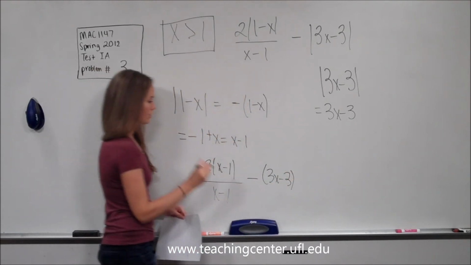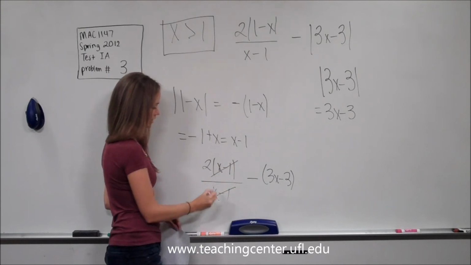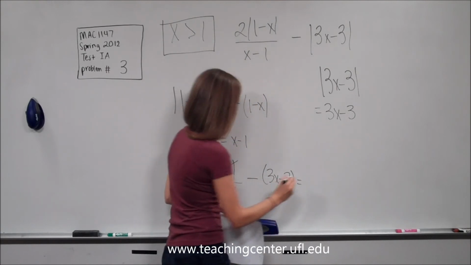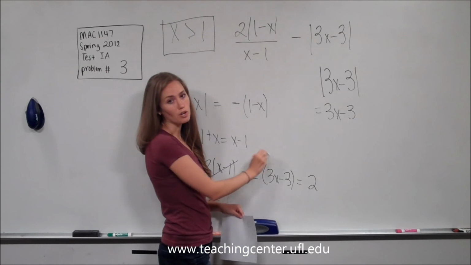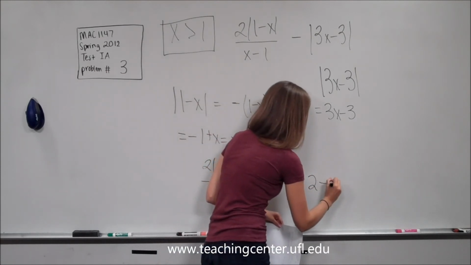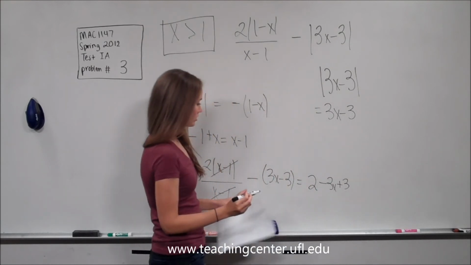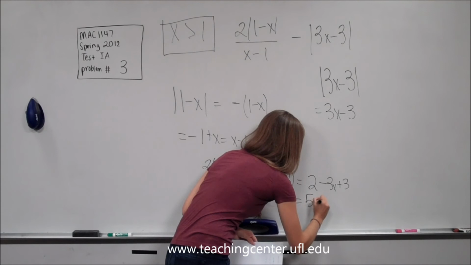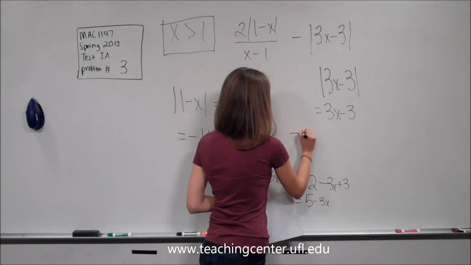This simplifies because this x minus 1 cancels with the x minus 1 in the denominator, so we can rewrite it as 2 minus this, and we can distribute our negative sign in. So it would be minus 3x plus 3, which simplifies down to 5 minus 3x. And so our answer is E.